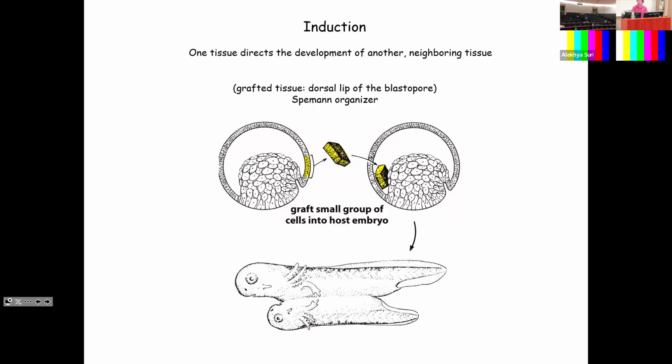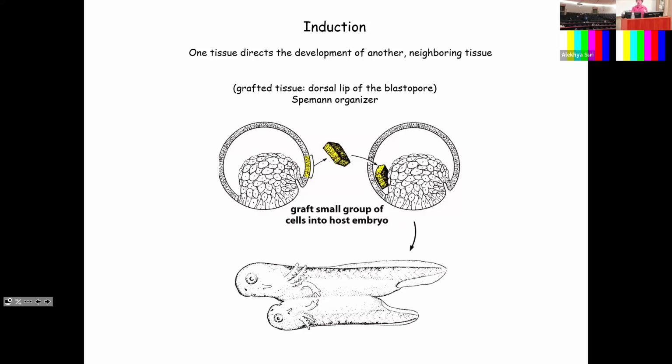And with surprise, he noticed that it created a secondary axis, a duplication of the embryo. But the most intriguing surprise of this experiment is that this embryo was made out of these host cells, not the donor tissue, okay? It wasn't yellow like this, you see?